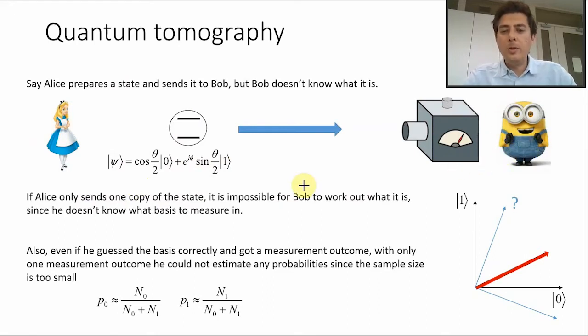it's absolutely impossible for Bob to work out what that state is, because firstly, he doesn't know what basis to measure it in. So our little knob here on our machine doesn't know where to set that to.